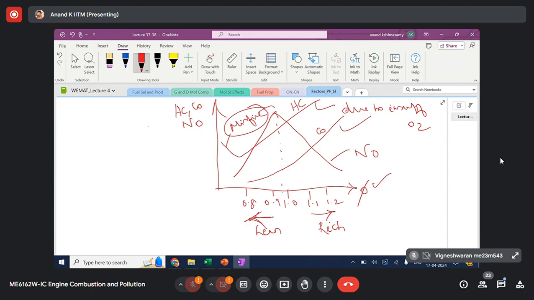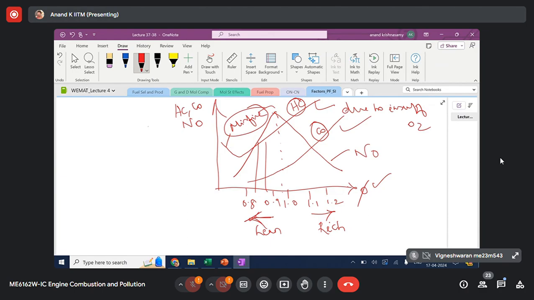On the rich side, you will have very high HC and very high CO. On the lean side, you will have high HC if it is too lean. Otherwise, you will have low HC and low CO. In this region, you could see that there is a drop, and NO is also relatively less. So it is preferable to move towards lean, except too lean, to have control over the primary pollutants from an SI engine.